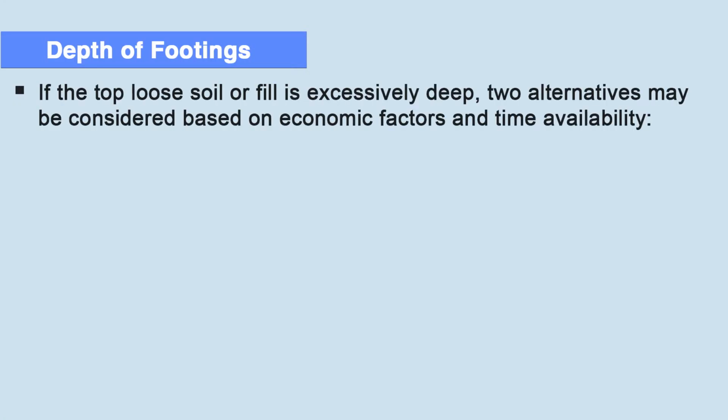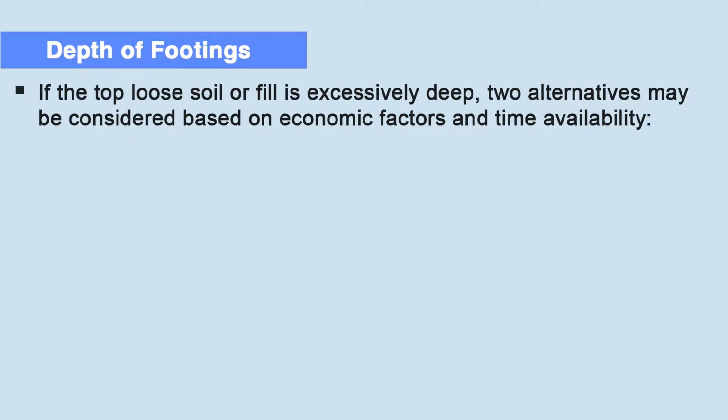The next is depth of footings. Determining the appropriate depth for footings is essential for ensuring the stability and longevity of a structure. Footings should extend below the top organic soil, miscellaneous fill, abandoned foundations, debris or muck.